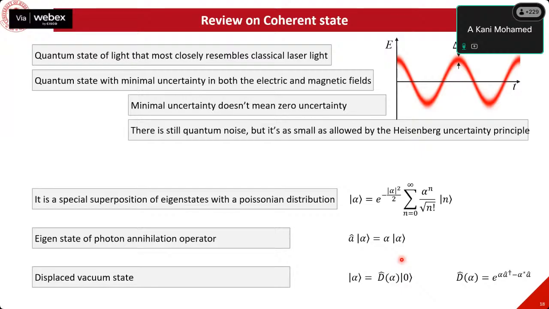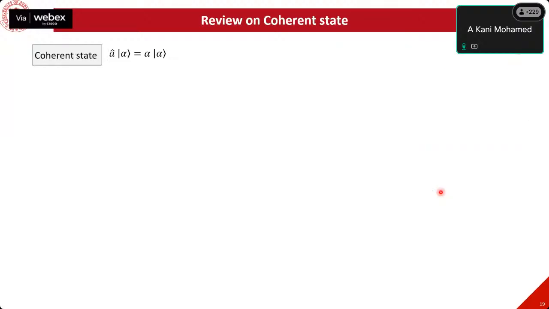So let's try to understand the noise inherent to the coherent state, laser light. Let's start from the basic definitions. The simplest definition of the coherent state is that it is the eigenstate of the annihilation operator. But we are more interested in understanding the electric and magnetic fields of the laser light.